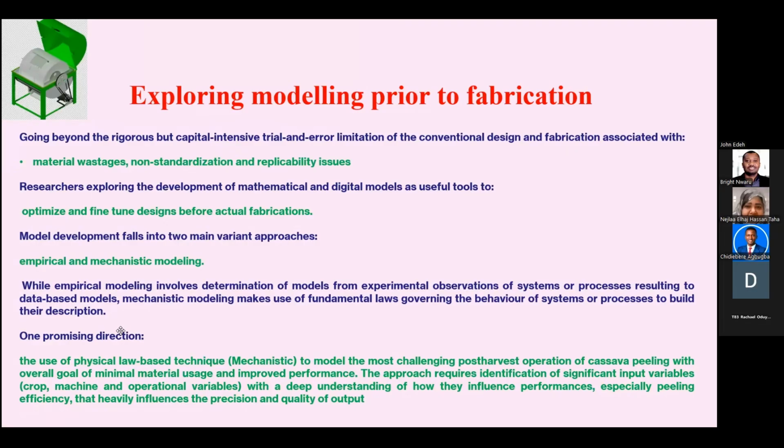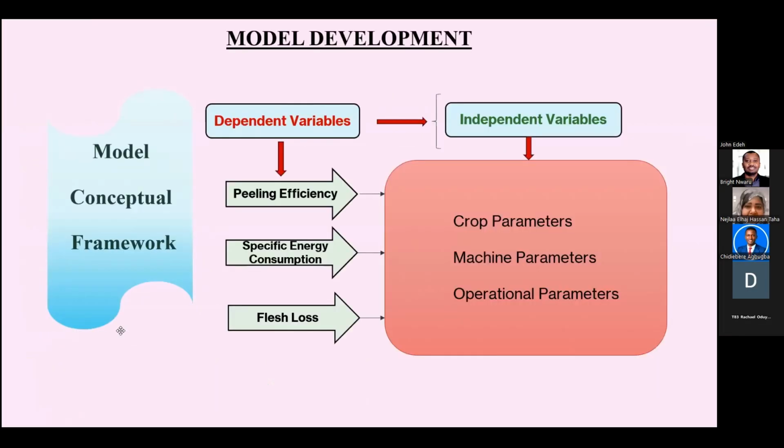This model development, like I've earlier said, falls into empirical and mechanistic modeling. We have tried empirical modeling earlier, and a work has been published on the empirical modeling using response surface methodology. But there are challenges this empirical model has, which we need to address.